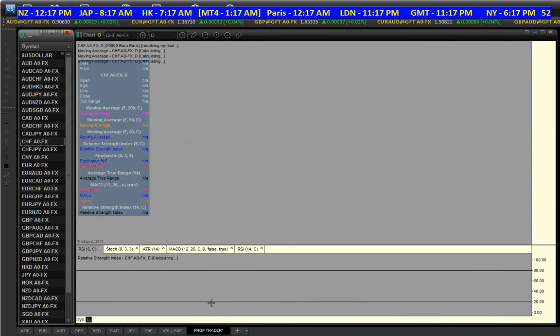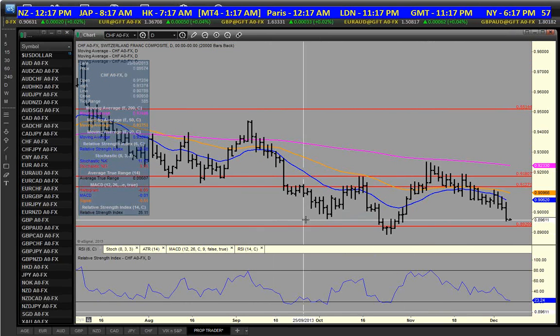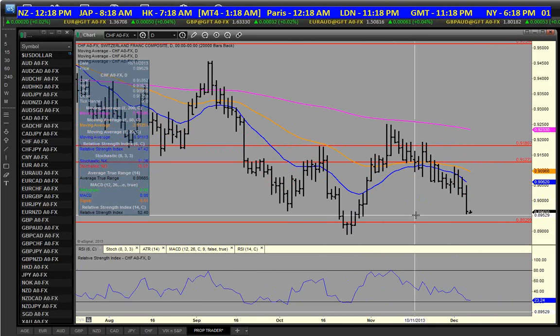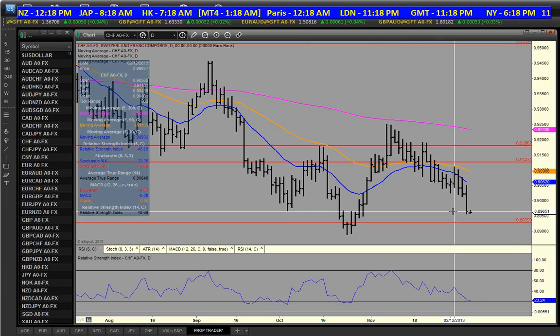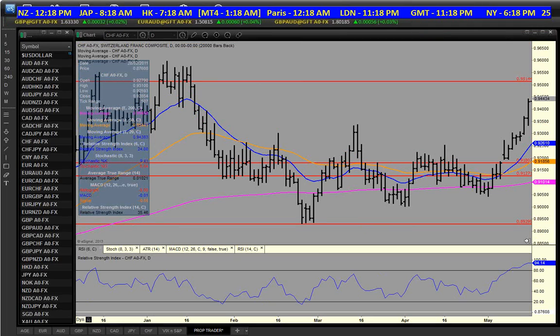But Swissy broke through 90. Sort of pulled up at this. I think this is dollar Swiss, so it's Swissy strength here. Getting overcooked. I have this level from weekly. There's a double bottom back in 2012. You can see that there.